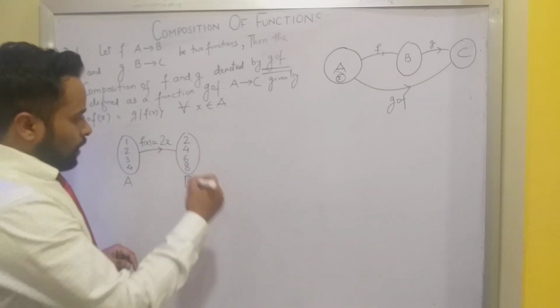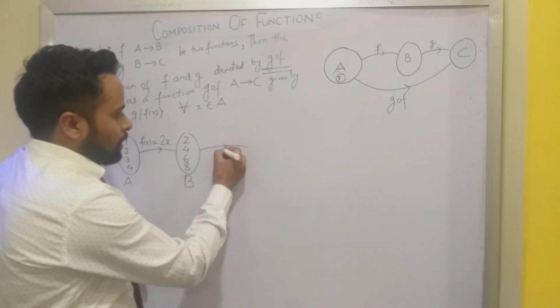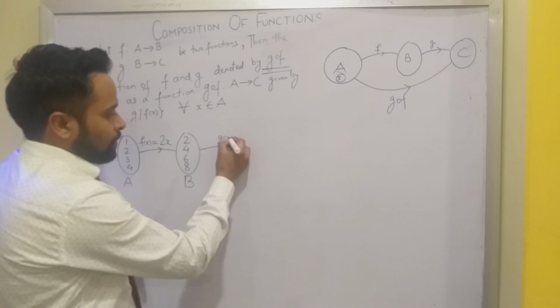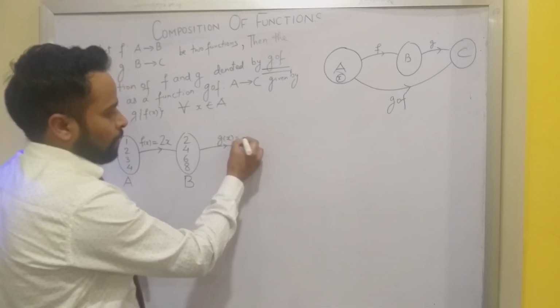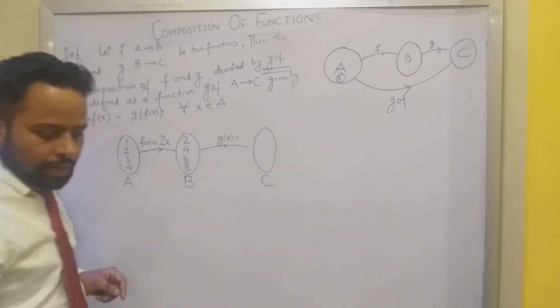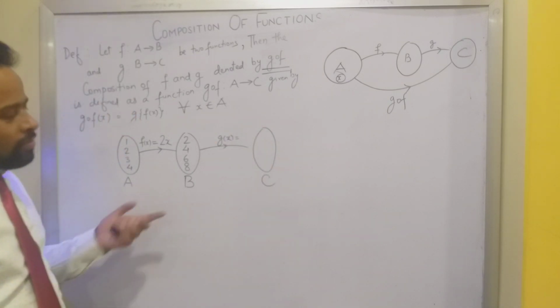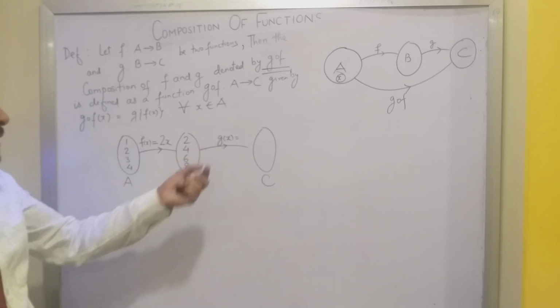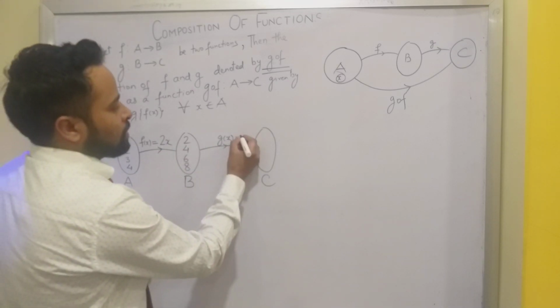Let us take one more function, which is g of x, and this function goes to the set C. We can take any function as g of x, say x plus 5.